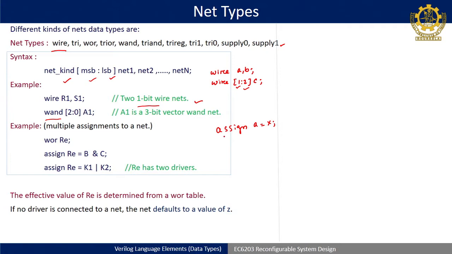If in the same case I write assign a = y, then these are two continuous statements. When the simulator starts executing the code, these two will act in parallel or concurrently, that we know. In a mixed modeling style in HDL, we will have all the modeling styles like data flow, continuous assignment, behavioral modeling, that is procedural assignment, as well as structural modeling.